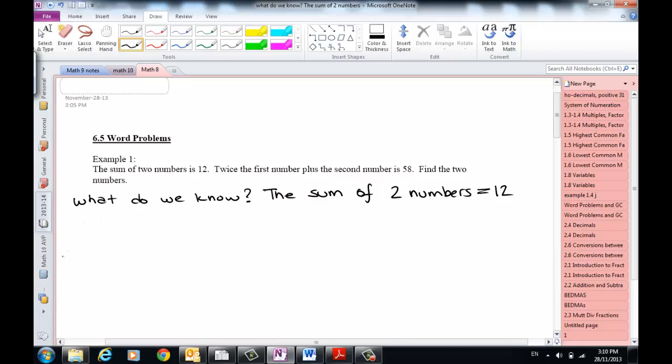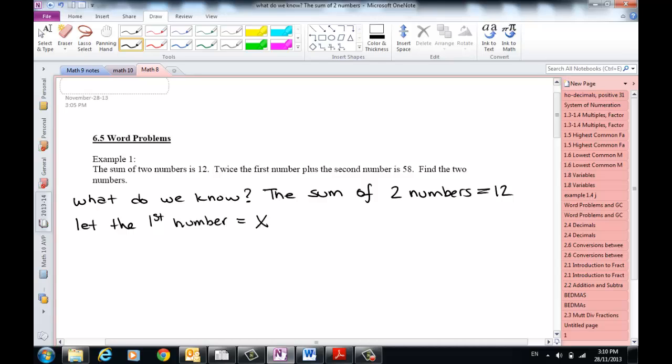And when we don't know what a number is, we're just going to let the first number equal x. So x is our variable. We don't know what that number is. There's multiple numbers that it could be, actually an infinite number, but I don't really know what it is yet.